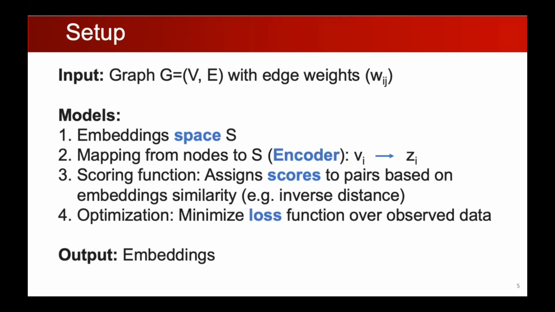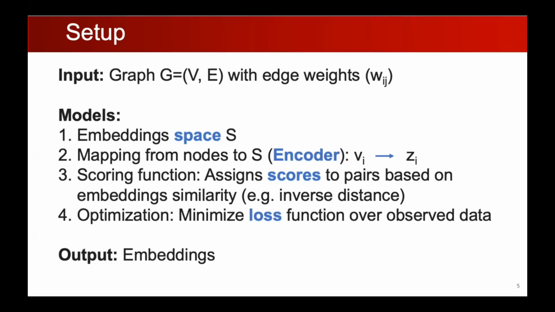And then the output is going to be embeddings for each node in the graph. And usually the way these methods are learned uses 4 components. So the first one is the choice of the embedding space, which is commonly taken to be the Euclidean space. And this presentation will be exploring how to move away from these Euclidean embeddings and use other non-Euclidean embedding spaces.